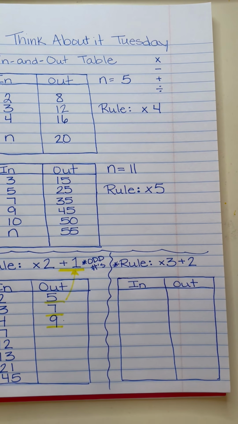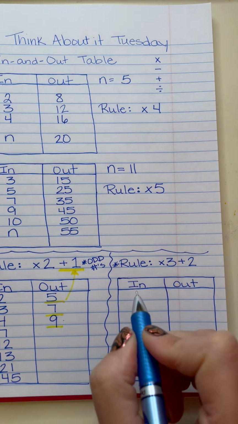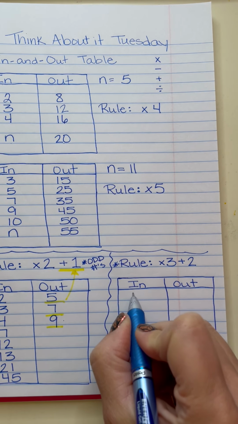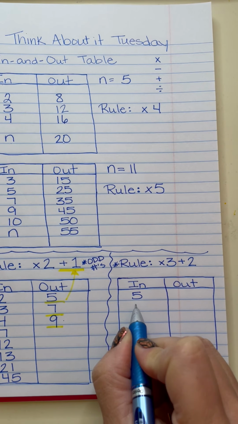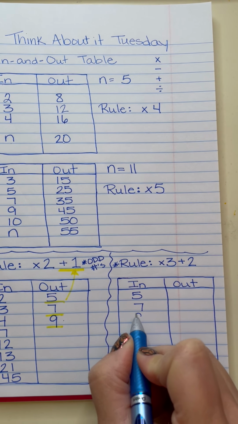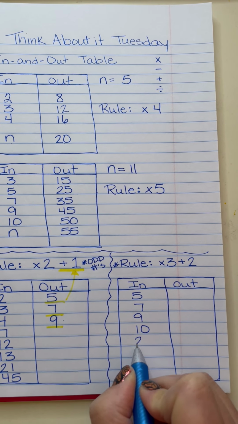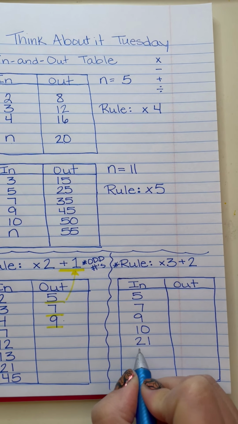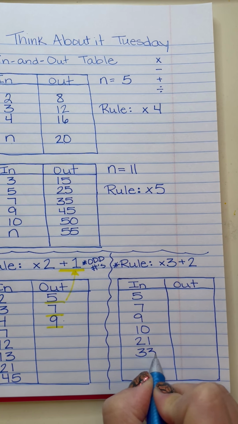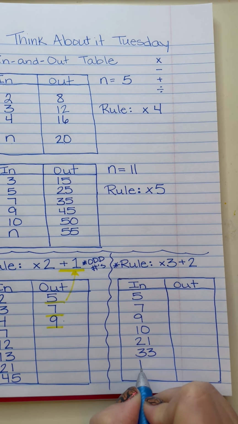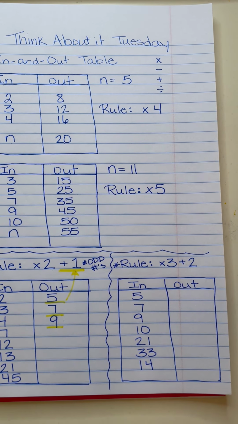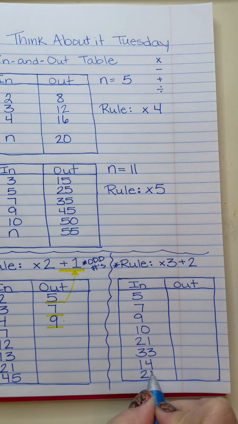So you've been given the rule, and the numbers that we are going to go with are 5, 7, 9, 10, 21, 33, I'm going to throw in a smaller number there, 14, and 27.